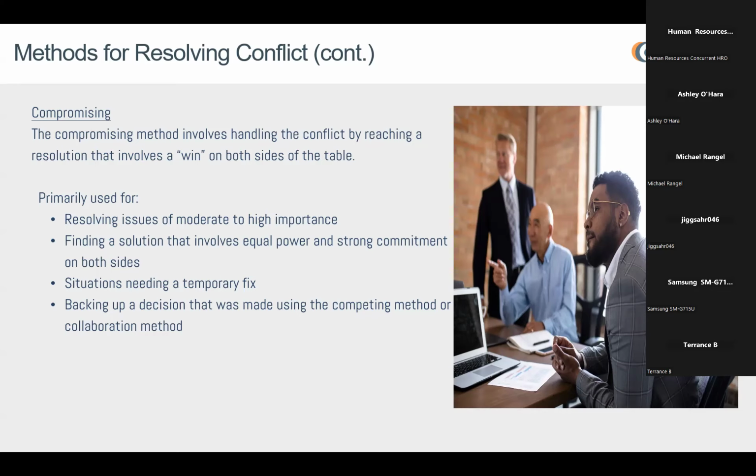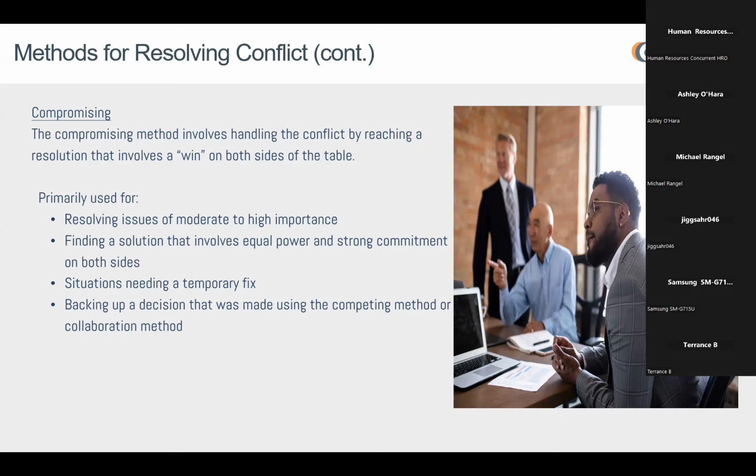All right. Again, finding a solution that involves equal power. All right. Situations needing a temporary fix. And then backing up a decision that was made using the competing method or collaborative method.